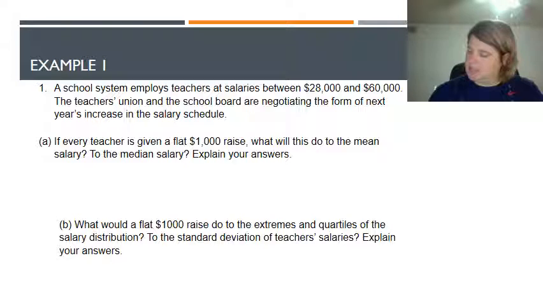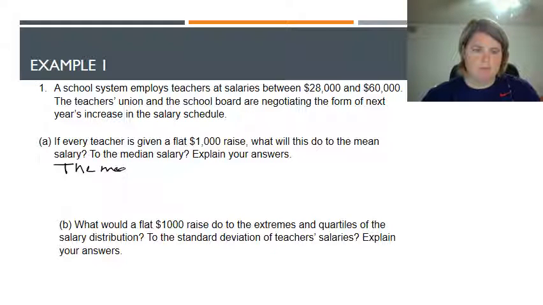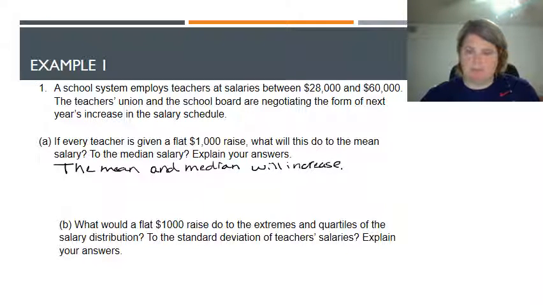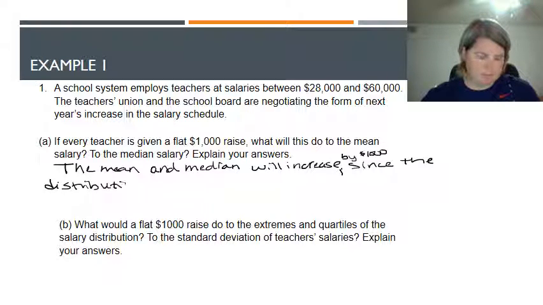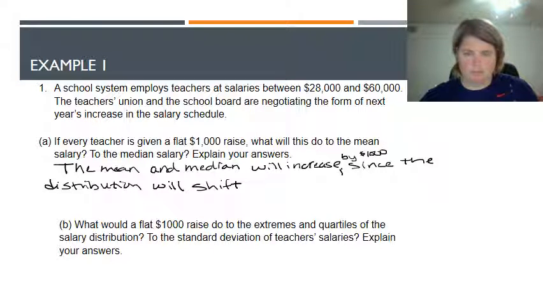So first, just like we talked about before, the mean and median will increase by $1,000, since the distribution will shift over $1,000.